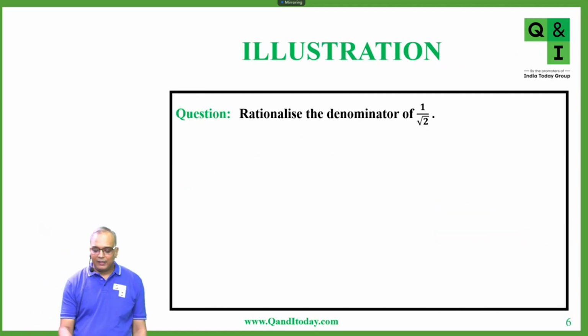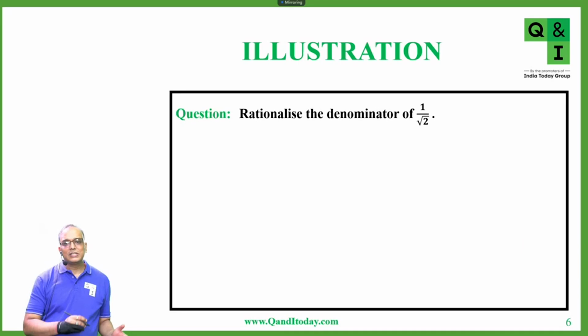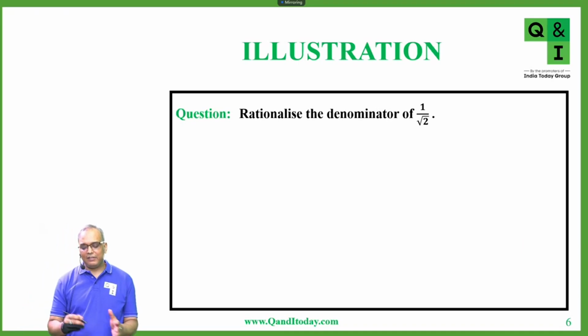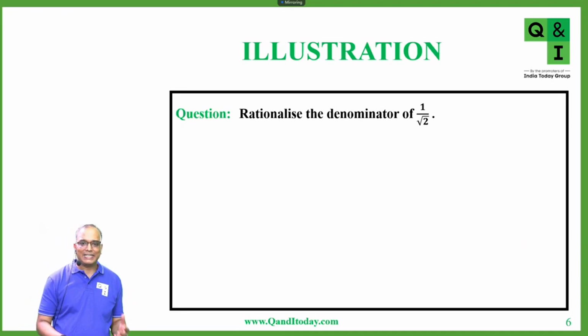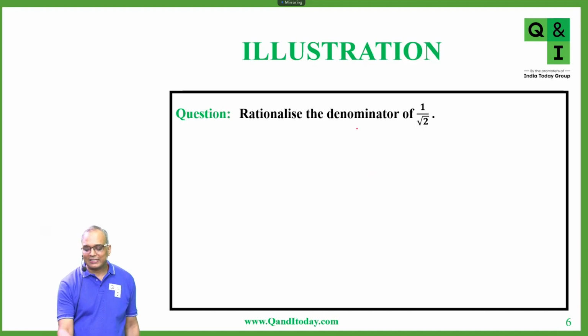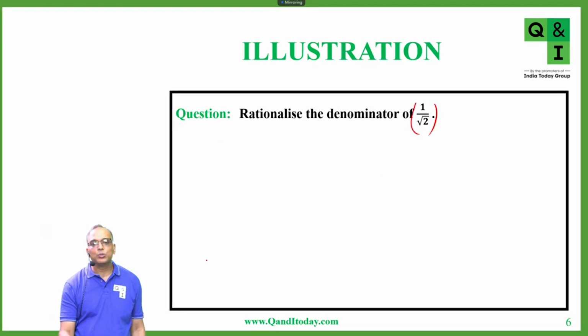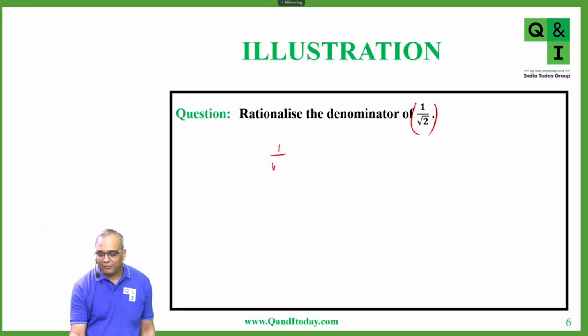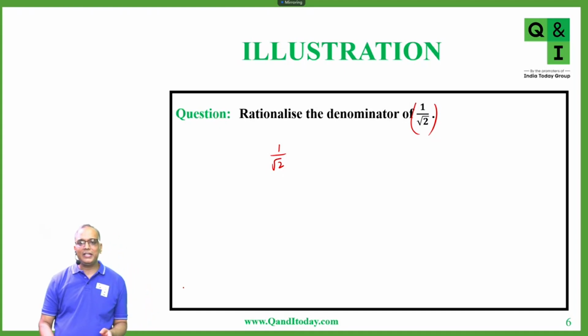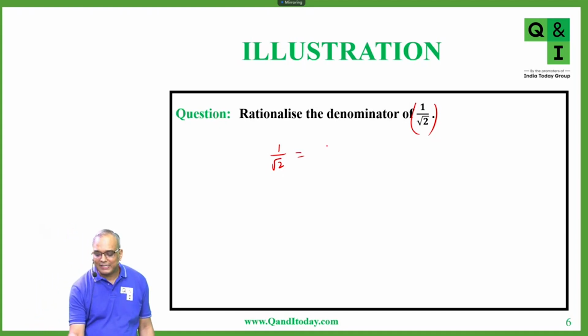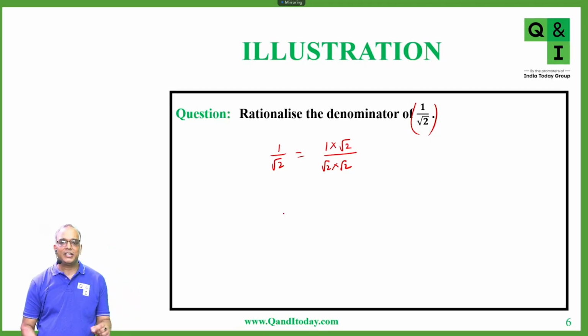Now, with those rules in mind, we'll solve some examples to understand it better. Rationalize the denominator of 1 by root 2. To convert the denominator into a rational number, we will multiply by its rationalization factor, root 2, because if we multiply the denominator by root 2, it will become a rational number, that is 2.